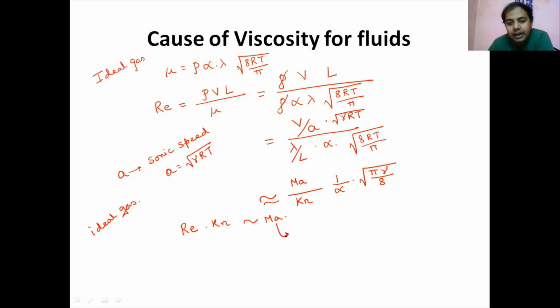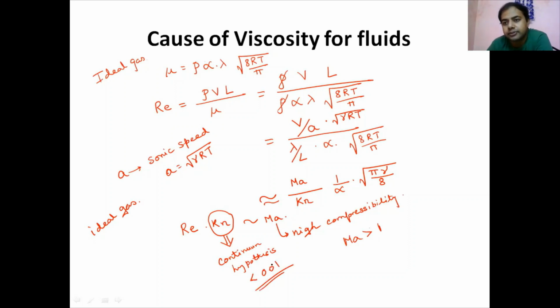So if the gas has high compressibility, it means the Mach number is higher, definitely more than one, and above supersonic it may be much higher. If the medium is valid for the continuum hypothesis, the Knudsen number should be less than 0.01, a small value. So the Knudsen number is not that high.